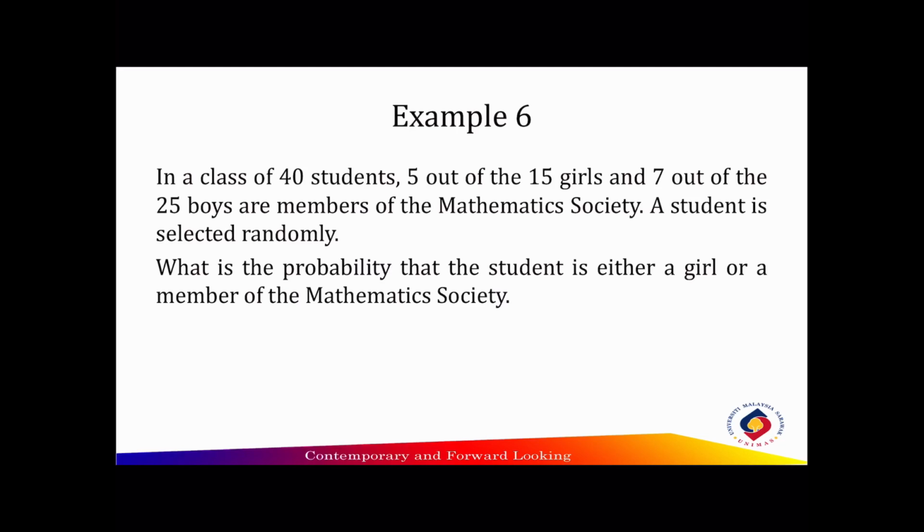But before that, let's choose G to represent the event of a girl, and let's choose M as the event that the person is a member of the mathematics society.